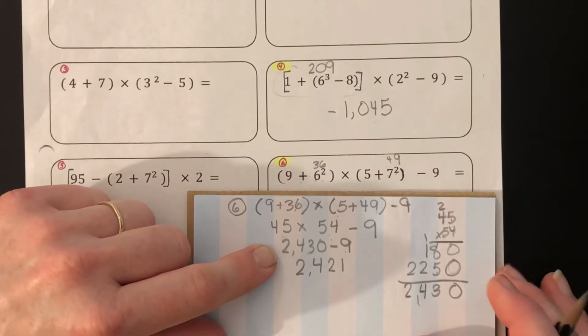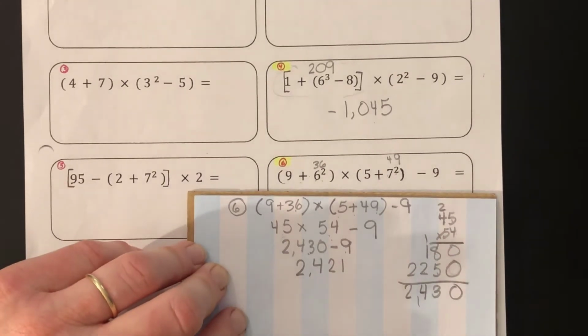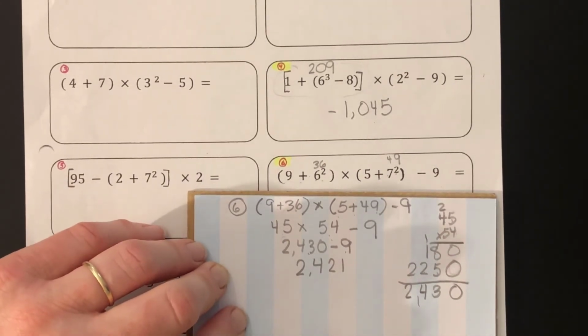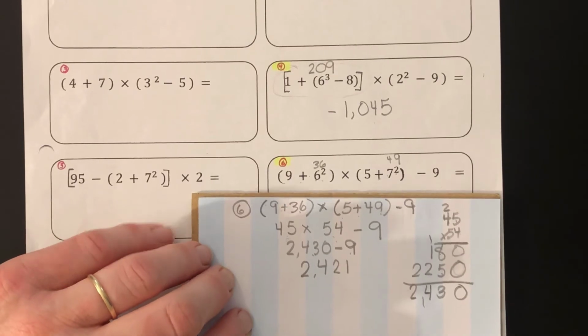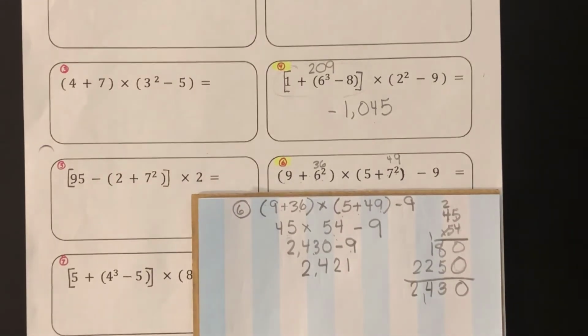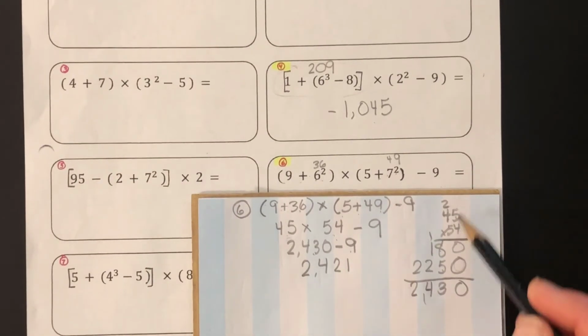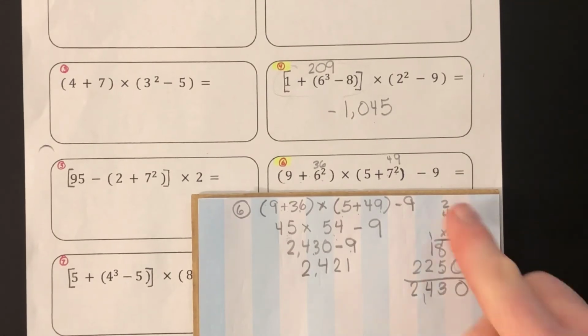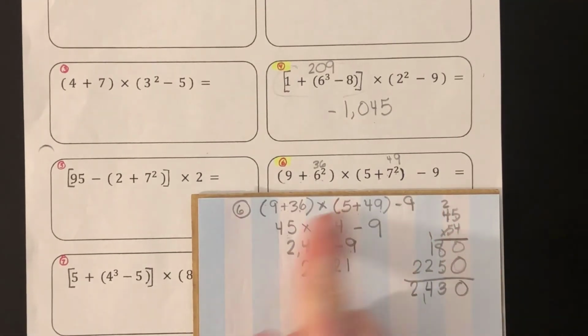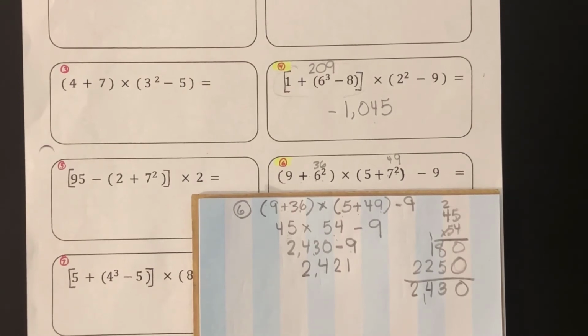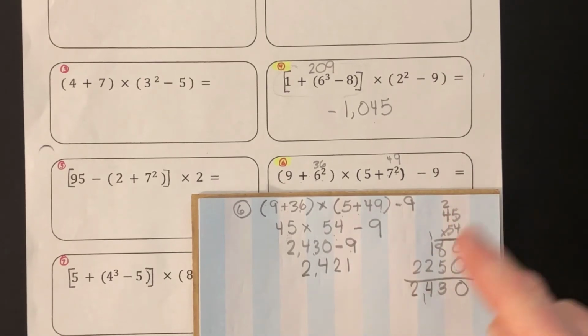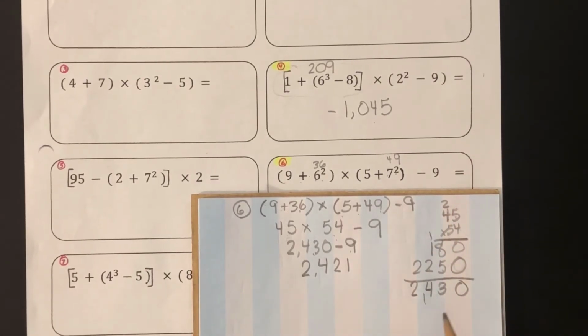The answer for number 6 is 2,421. Take a moment and make sure that your work matches mine. Since I did all of that, you don't necessarily have to do that. I want to see these steps on the others that require that you write out the steps, that you've got to actually do the computation, because you can't do it in your head like this.